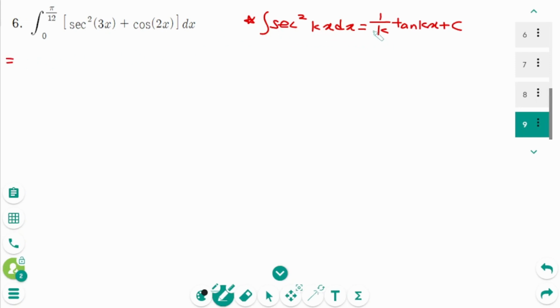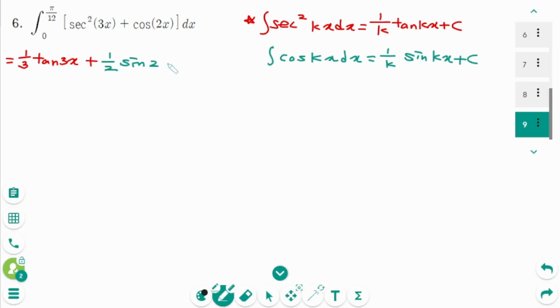Then k is 3, which makes 1 over 3, tangent 3x, plus the integral of cosine kx dx equals 1 over k sine kx plus c. Then for this one, k is 2, which makes 1 over 2, sine 2x.